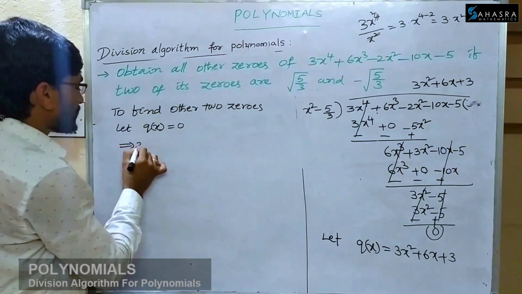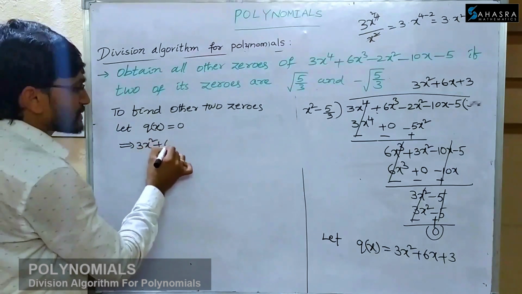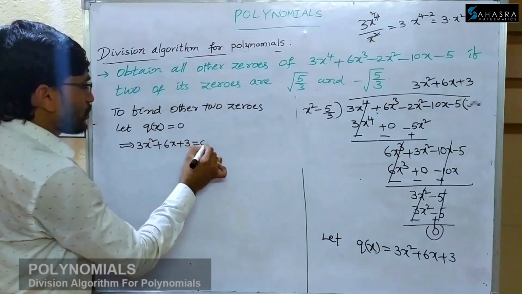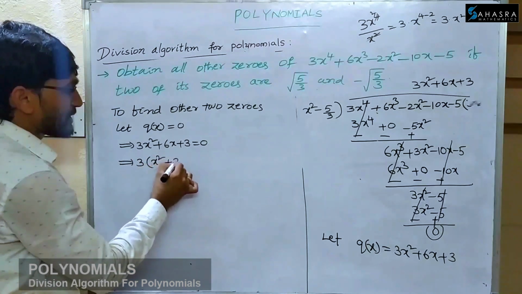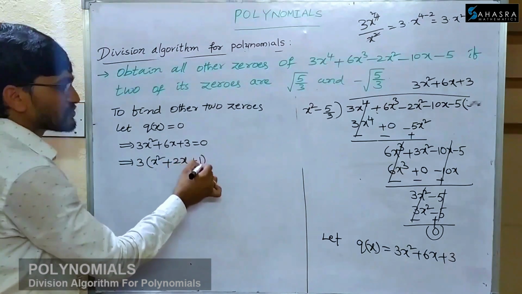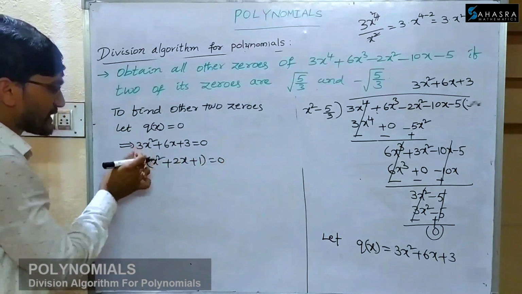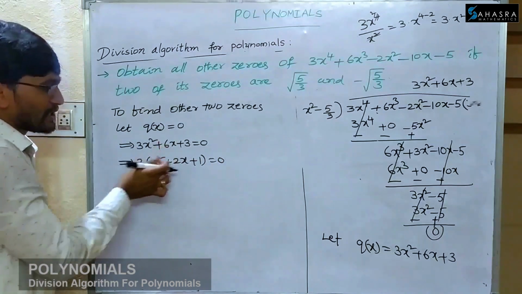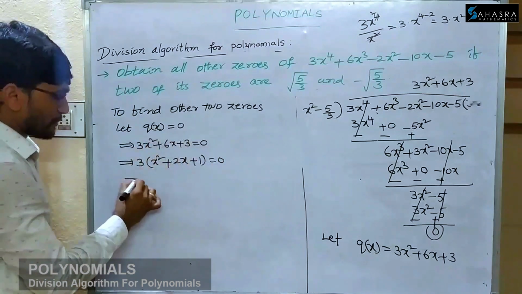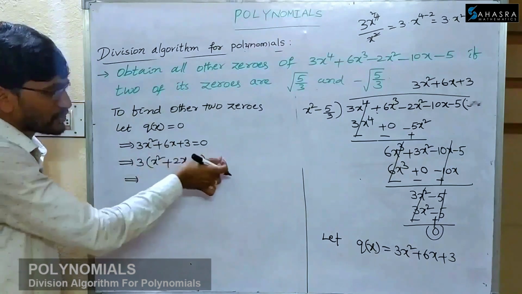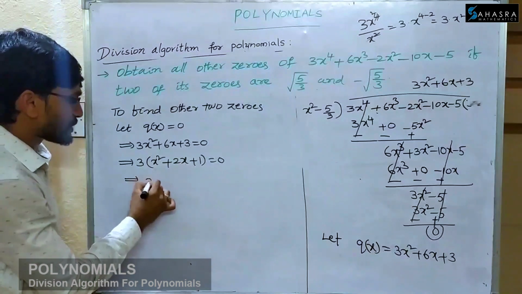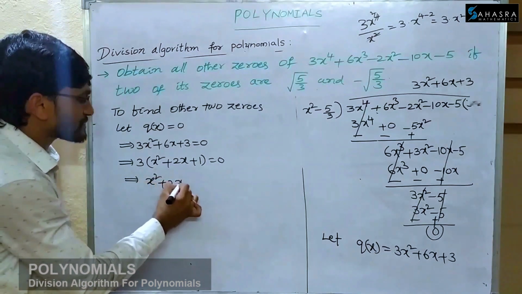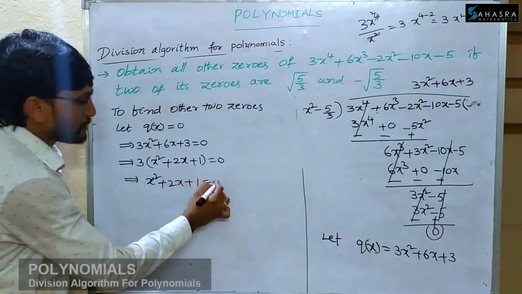Nothing but 3x^2 plus 6x plus 3 is equal to 0. Take 3 common. Then we get x^2 plus 2x plus 1 is equal to 0. 3 into x^2, 3x^2, 3 into 2x, 6x, 3 into 1, 3. So here 3 is multiplying, goes to that side, will become 0 by 3. 0 by 3 is nothing but 0. x^2 plus 2x plus 1 is equal to 0.